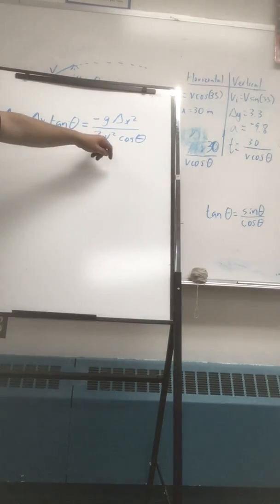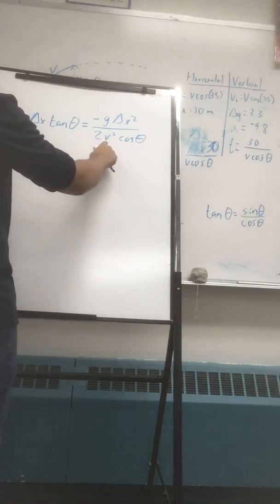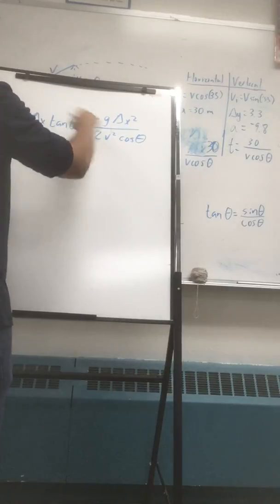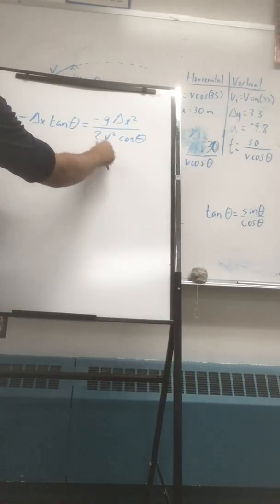So I want to solve for that. If I want to solve for the denominator, I'm going to cross multiply, and these are going to switch places.